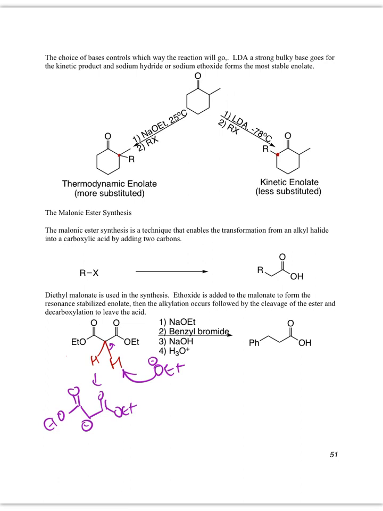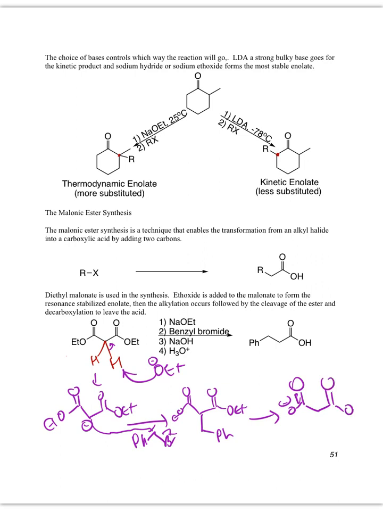Then we could add benzyl bromide to that and do an SN2 that comes in, kicks off the bromine to give us the alkylated product. Then we could add hydroxide to that. That would cleave both of the esters to the carboxylates. So we'd go from the two ethyl esters to the two carboxylates, negatively charged oxygens because of the hydroxide.